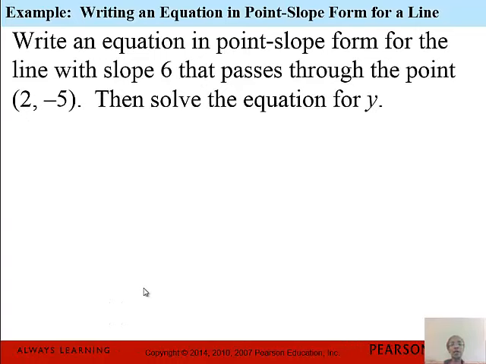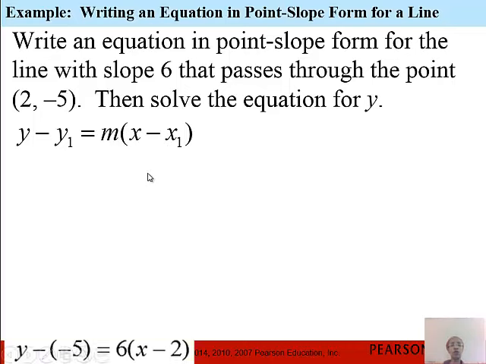Our line has slope 6 and passes through the point (2, -5). Then we'll solve the equation for y. So here's our point-slope formula, and our y1 is -5, and our x1 is 2, and our m is 6. So we'll make those replacements.